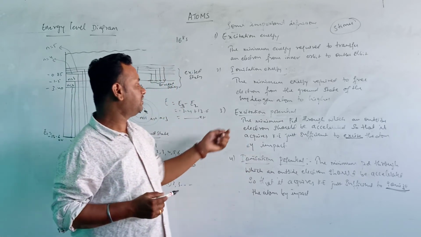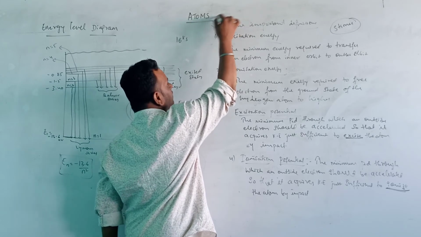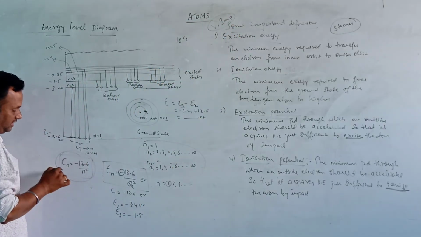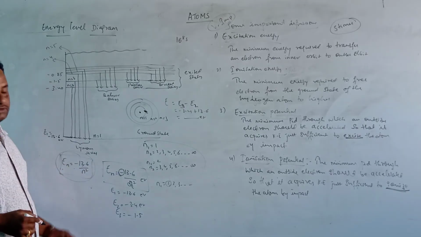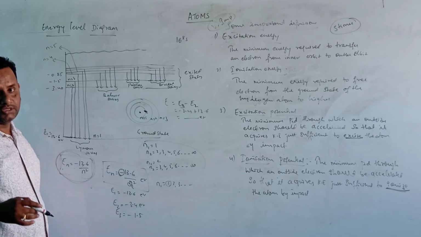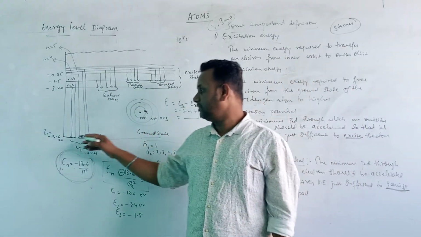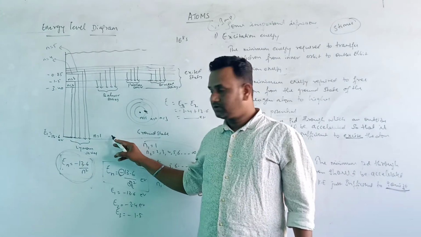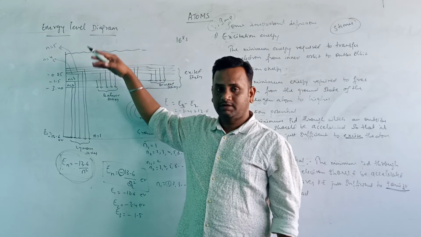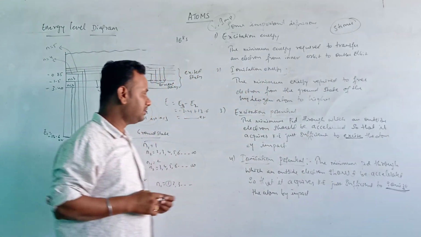So these are very important definitions. And you should remember this general formula: En is equal to minus 13.6 divided by n square. With it we can find the energy of each orbit or energy level: first orbit, second orbit, third orbit, fourth orbit.